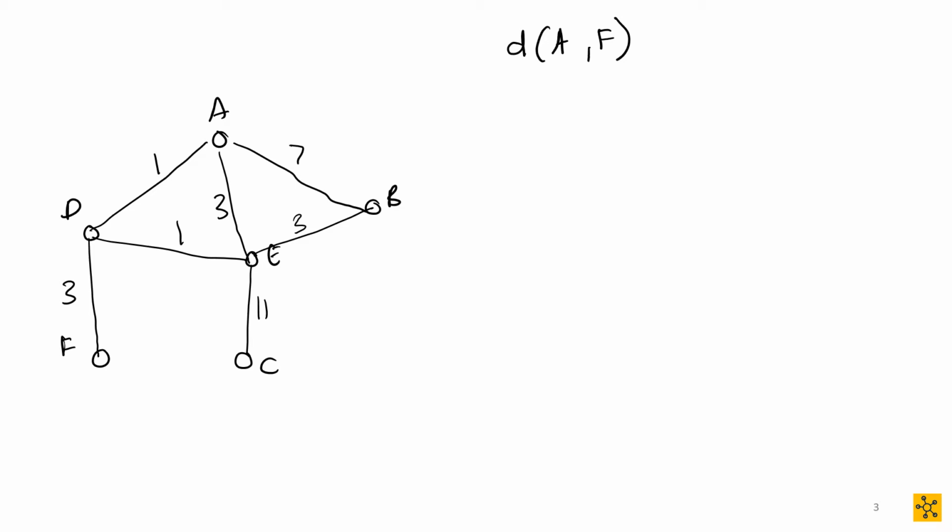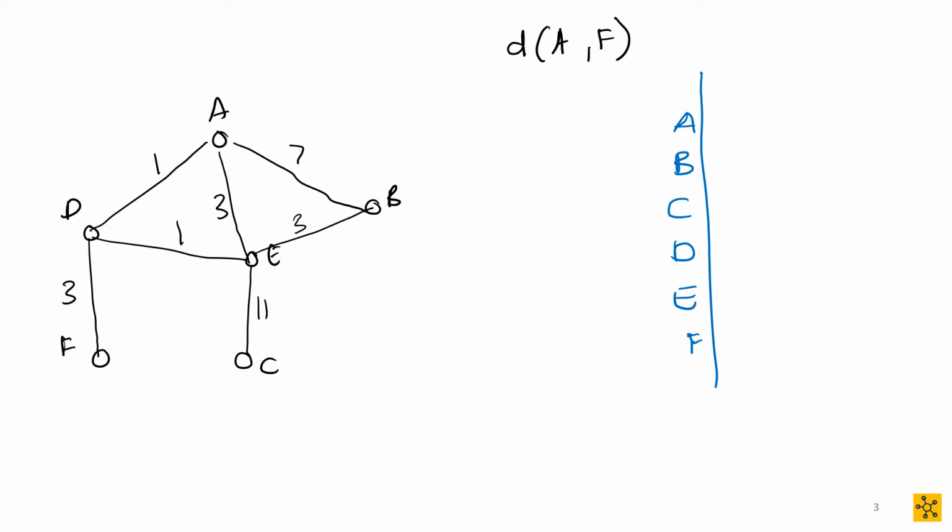So for Dijkstra's algorithm, we first take our root and give it a potential of 0. I'm going to do two approaches. I'm going to do it on the graph, and I'm going to do it in a table just so you can see the difference. So if we have a table, we write down all our vertices, A, B, C, D, E, F. And then we start the approach.